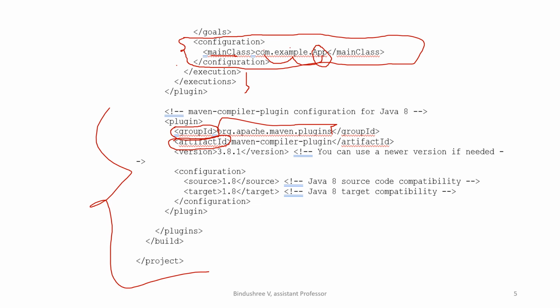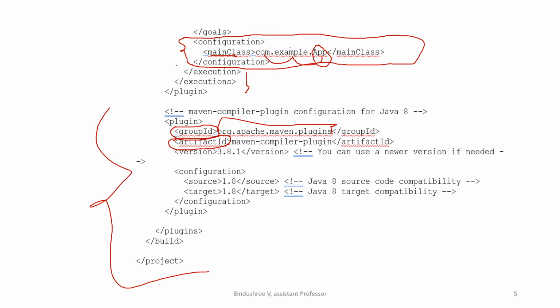The name of that plugin is maven-compiler-plugin. You should give it properly again. If you miss out on something here, you can't see the output. And which version are we using? Basically we are using version 3.8.1, and that's what it says.